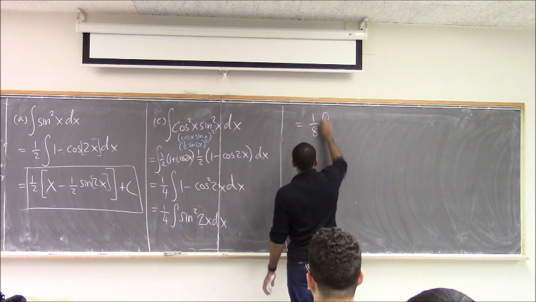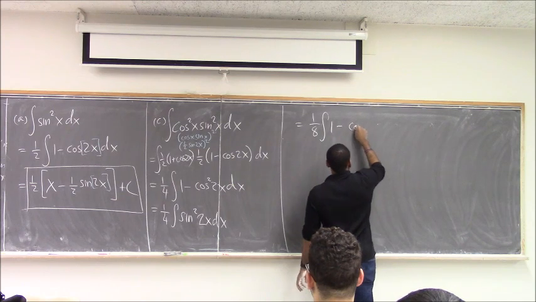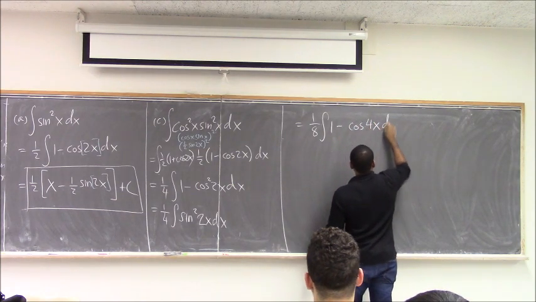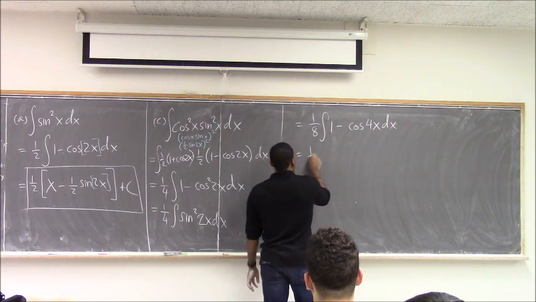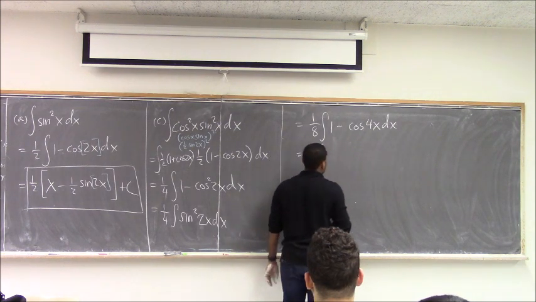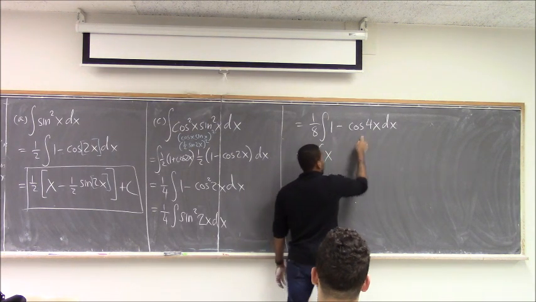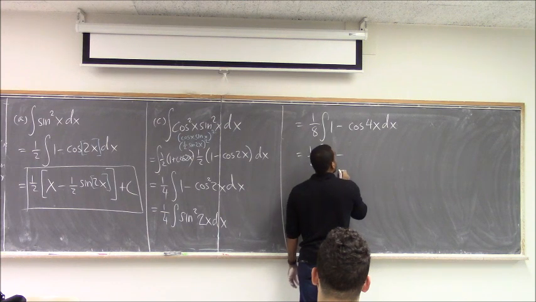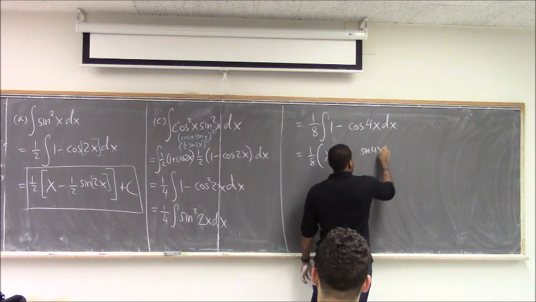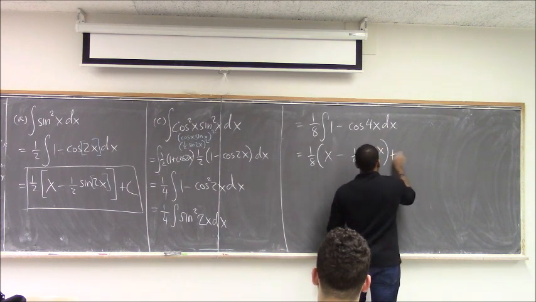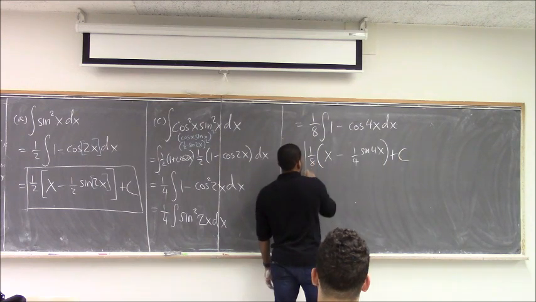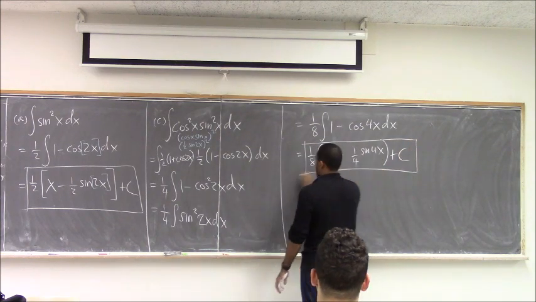So that becomes 1/8 times 1 minus cosine 4x. Integral of 1 is x. Integral of cosine 4x is sine 4x over 4. That's the integral for that.